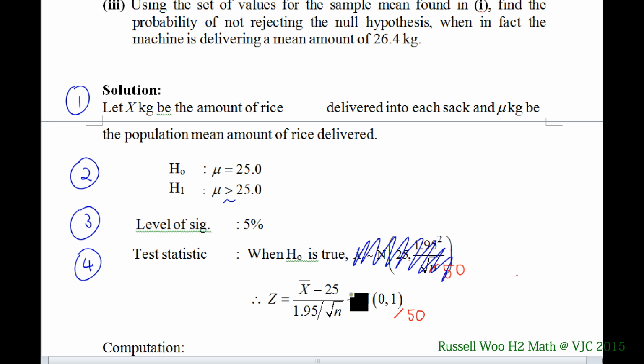I just need, when H0 is true, just write this. I don't need all this. I only need the test statistic here, because when we write test statistic, I'm only interested whether you do a t-test or z-test and just standardize it. Follow what I'm saying?